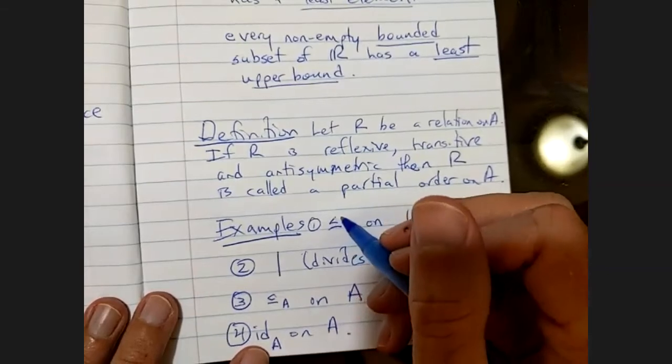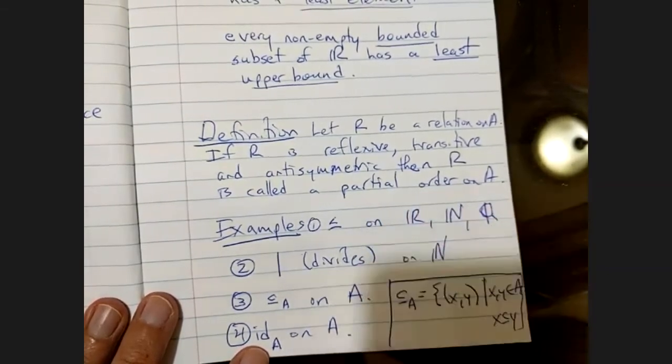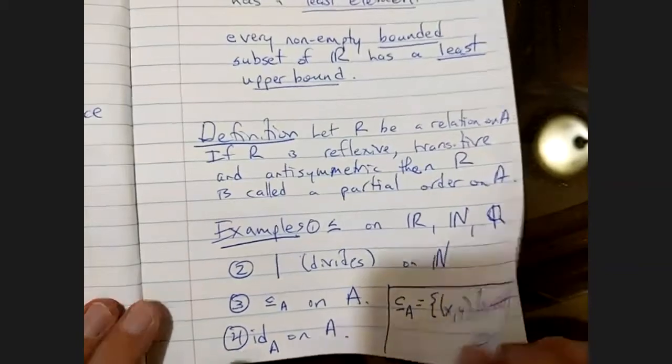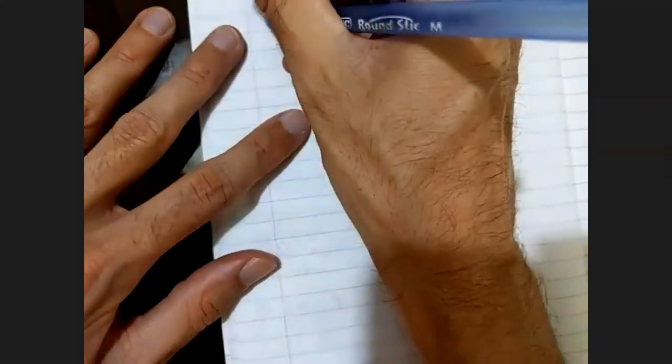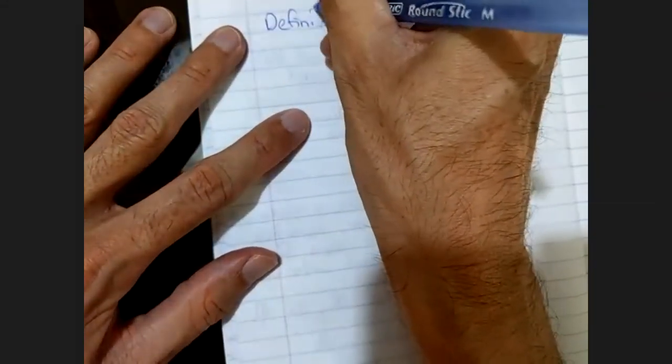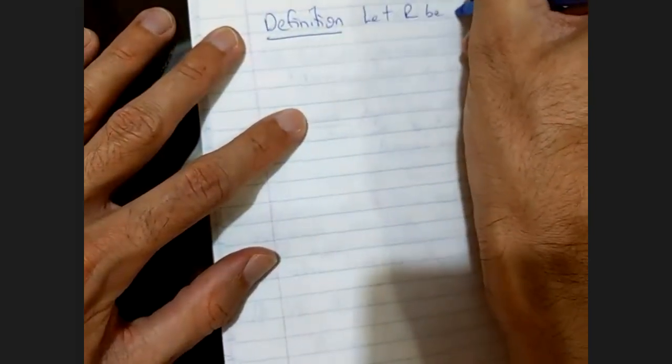Sometimes we want to talk about strictly less than instead of less than or equal to. We have to talk about a strict order. So what is the difference between less than and less than or equal to? Instead of being antisymmetric, it is never less than itself. We call that asymmetric. Let R be a relation.